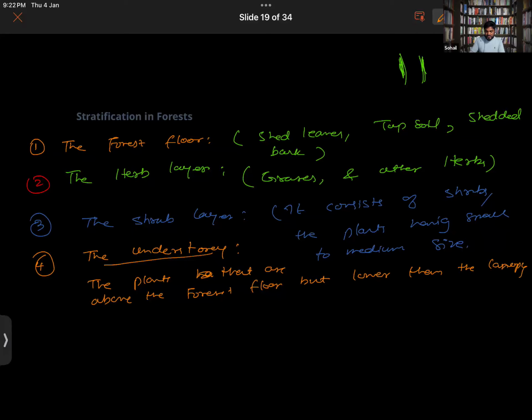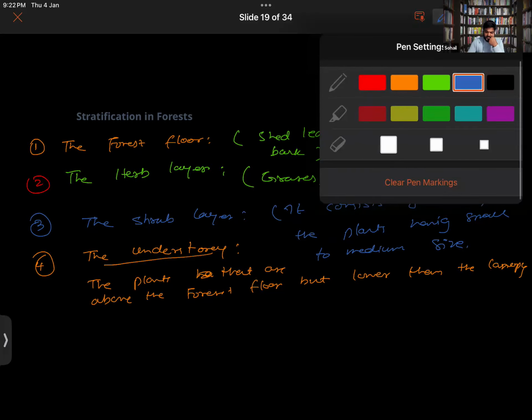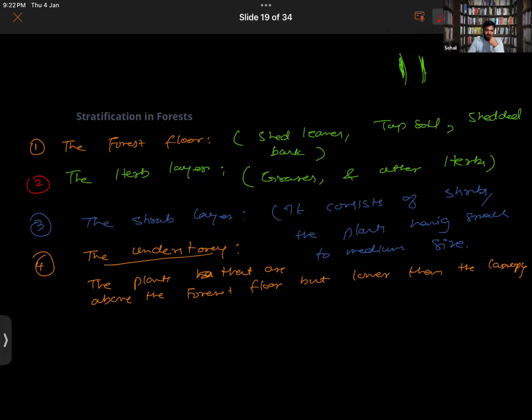Okay, note these points down, and then we will be moving further. Also in the forest now. First note these points down, then I will be telling one more thing. So what is in the understory? The plants that are above the forest floor but lower than the canopy.